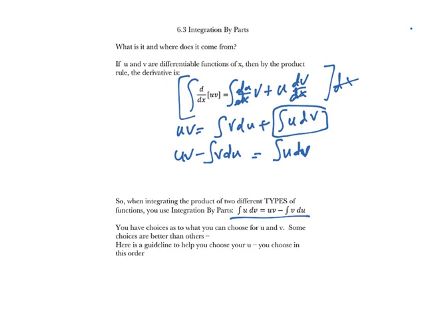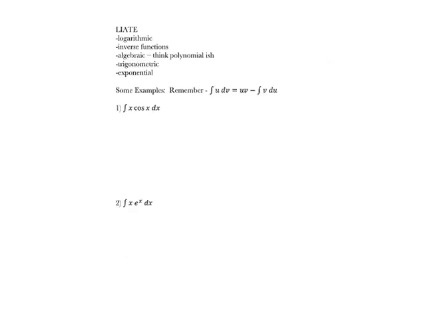You have choices of what you choose for u and v. Some choices are better than others. There is a guideline to help you choose your u, and by choosing your u in this order, you make the problem easier. Not saying that it's the only way you can do it, but it does make it easier. The mnemonic device we use is LIATE.